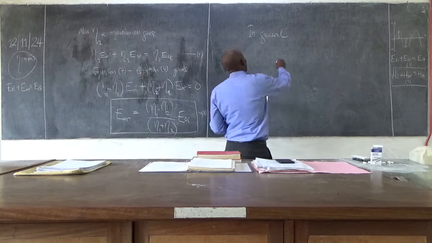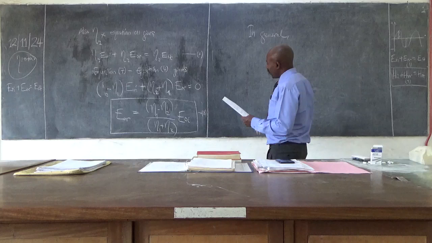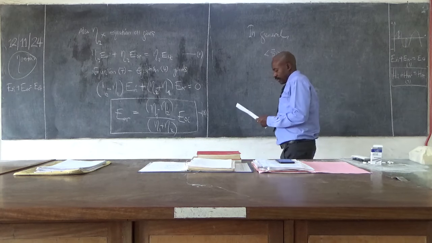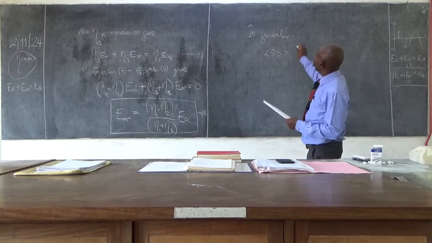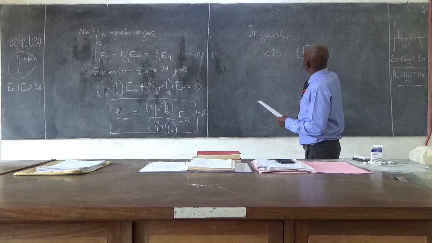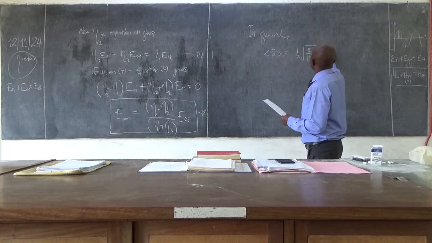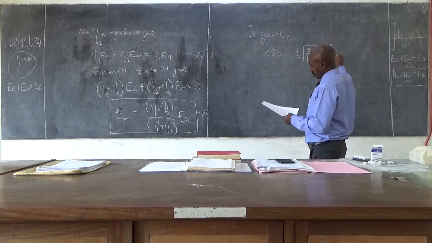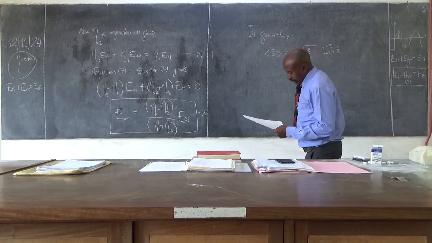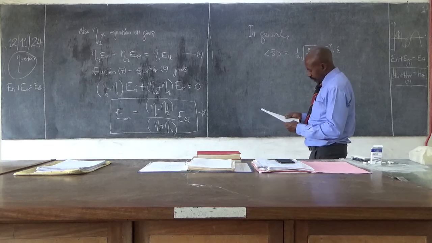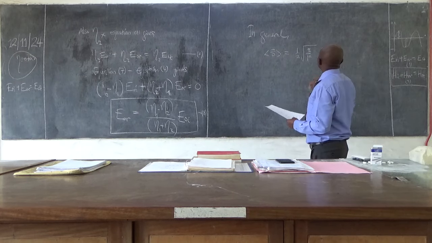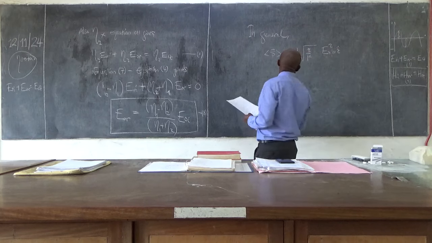In general, we had the expression for the time average Poynting vector, which was a half root epsilon over mu E naught squared dot z. So this will be simply z, since we shall be getting that as magnitude.